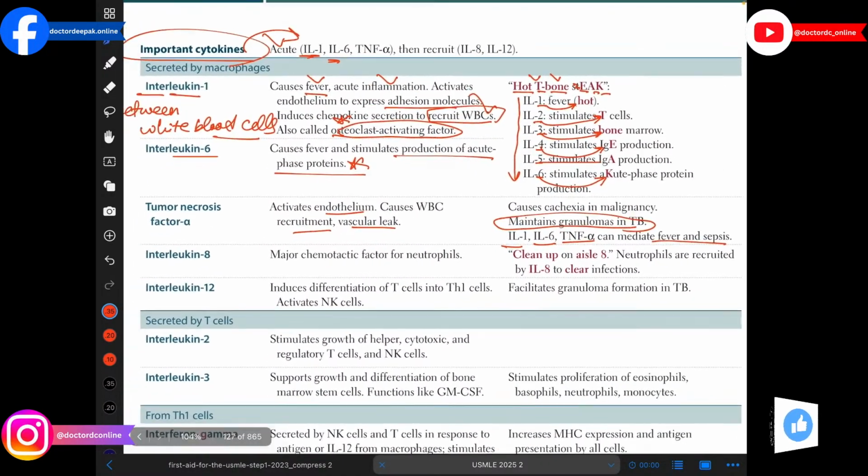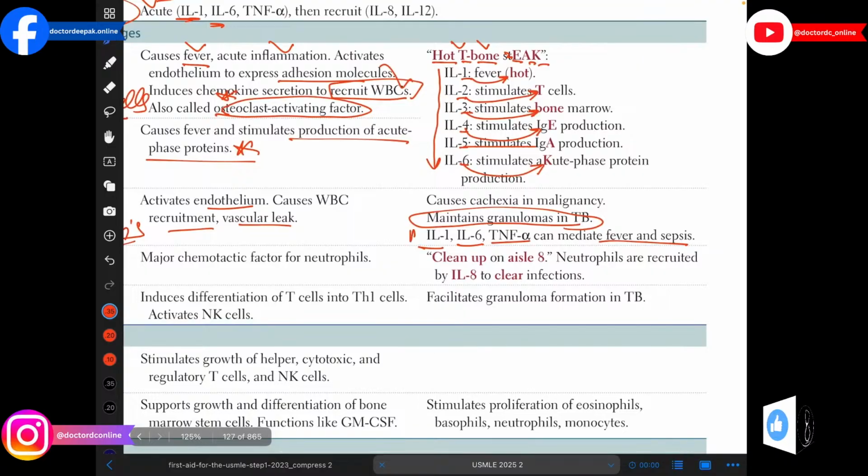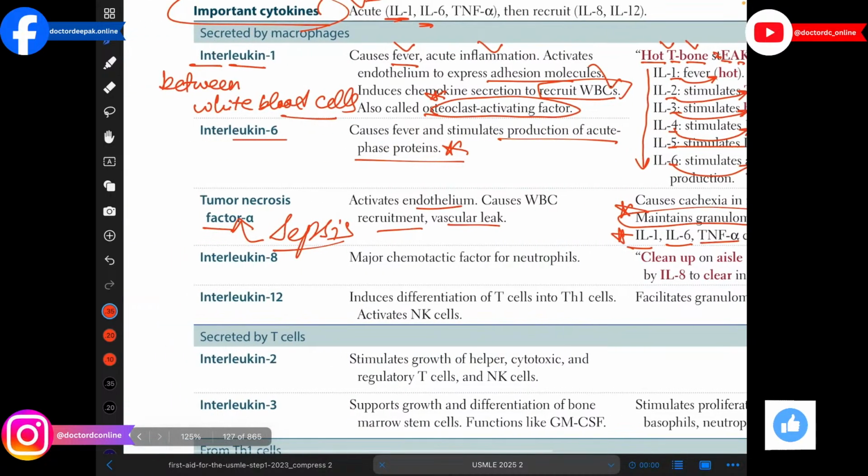So if you have an infection and it progresses to sepsis, the main role in sepsis is played by tumor necrosis factor alpha. It's also a very important point. Sepsis means bacteria in the blood. And secondly, maintenance of the granuloma in TB is also done by tumor necrosis factor alpha.